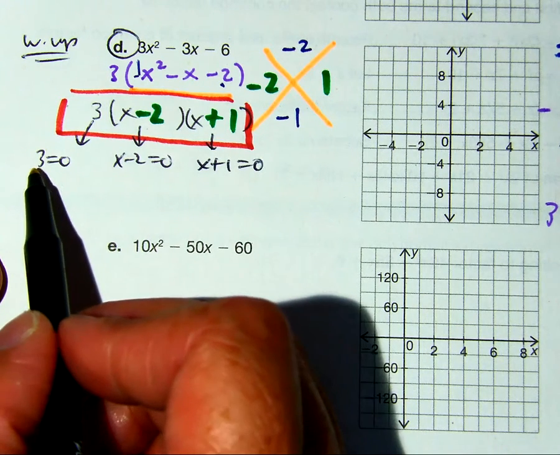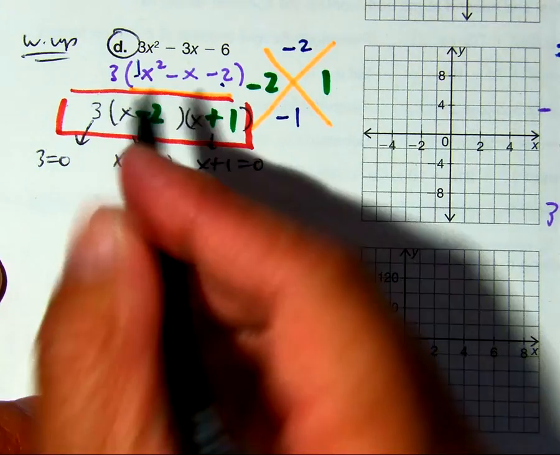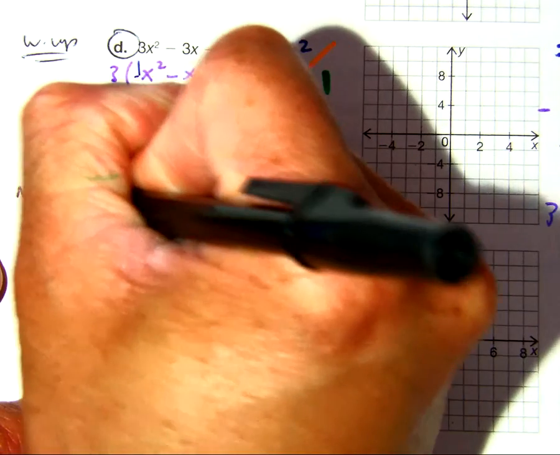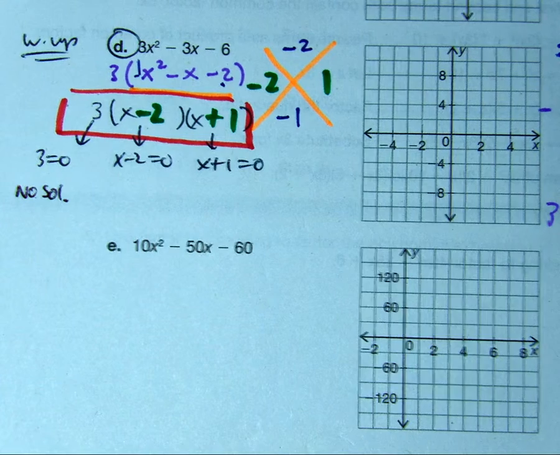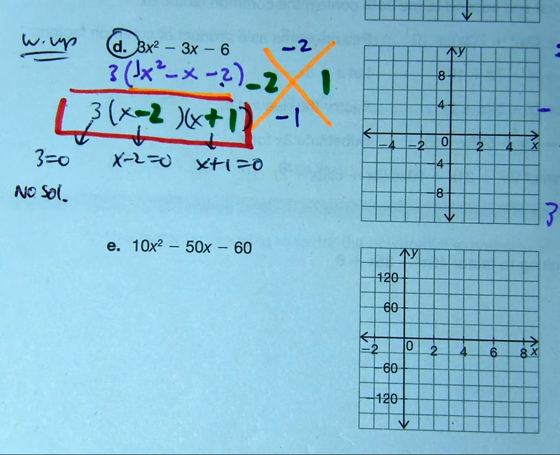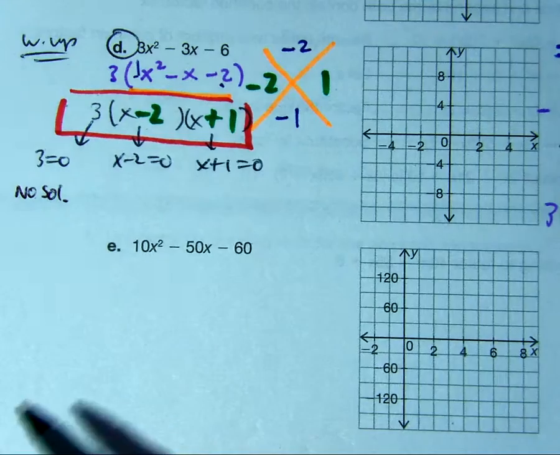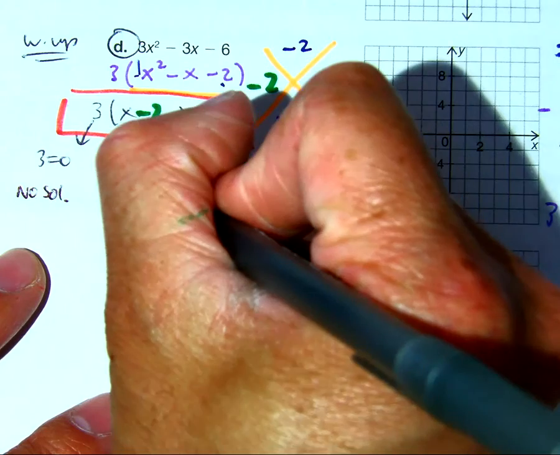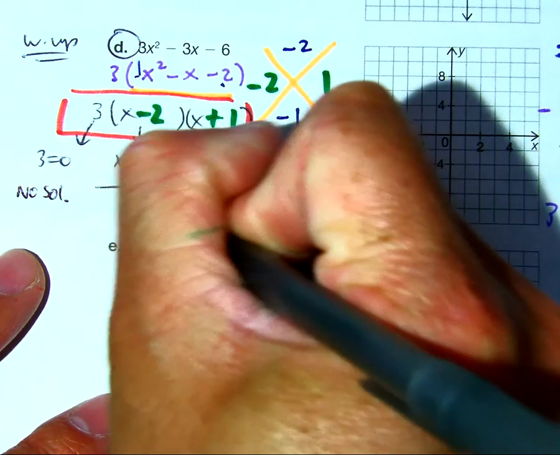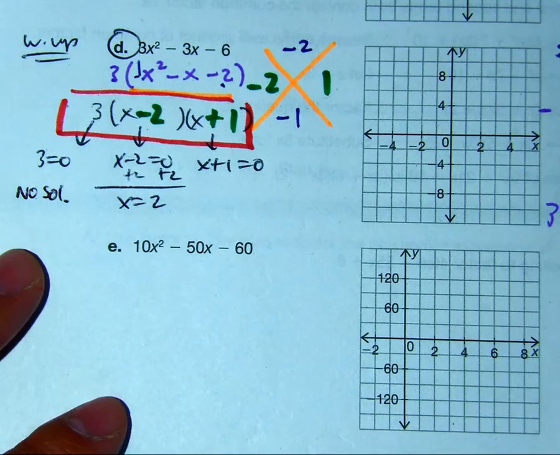Class, can 3 ever equal 0? No solution. You can't graph that. How do you solve for x here? Add 2 to both sides. X is equal to plus 2.